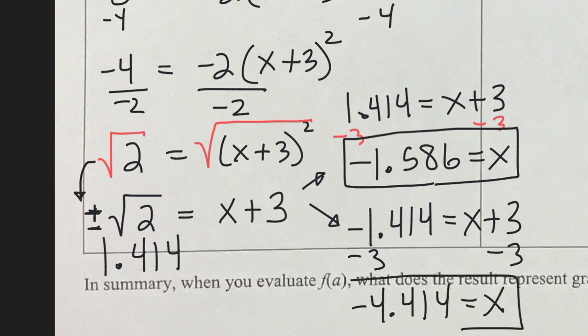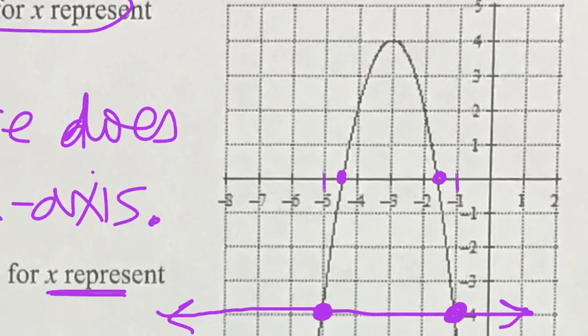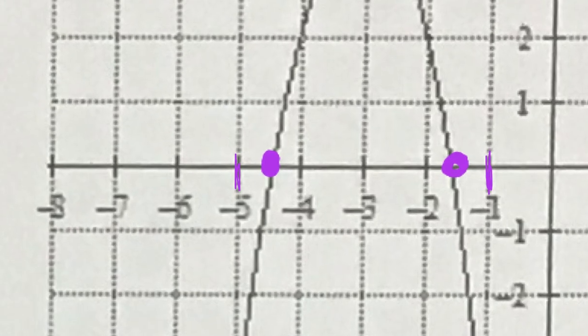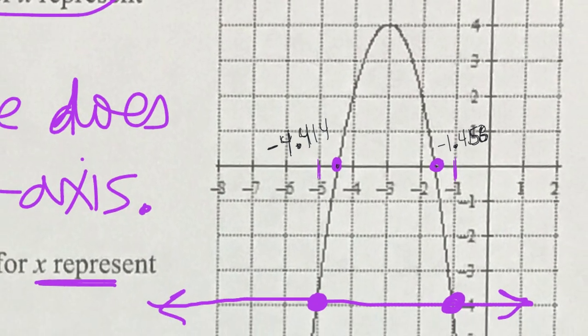Okay, so let's look up here at the graph and see if this is about right. Negative 1.5 and negative 4.4. Is that where these look like they cross the x-axis? Sure enough, this looks like about negative 1.5. Right? That looks about right. And negative 4.414. Yeah, that looks like it's about 4.414. Okay, so when you solve this, we are figuring out where our graph crosses the x-axis.